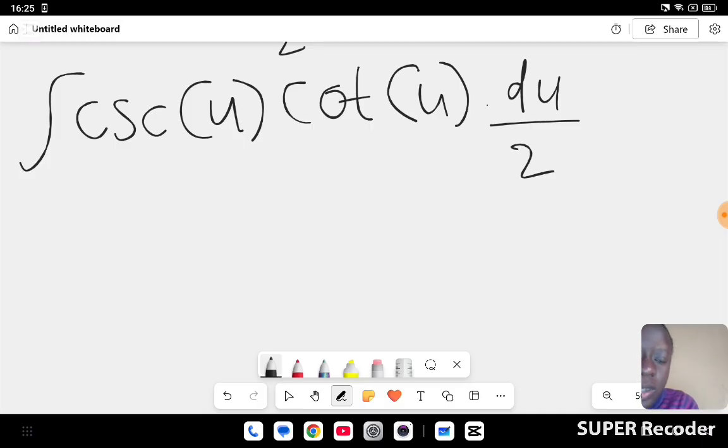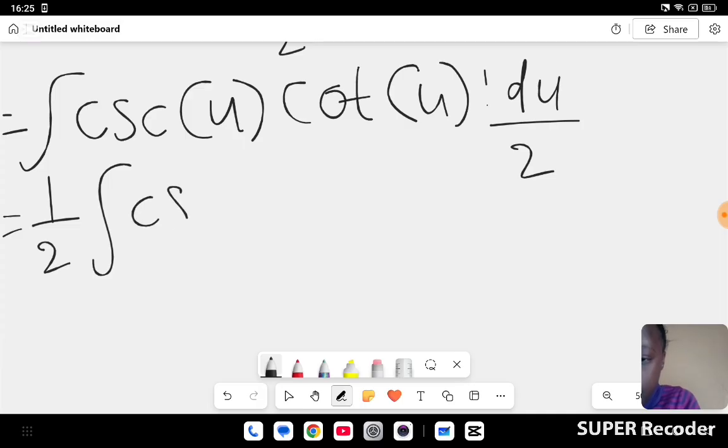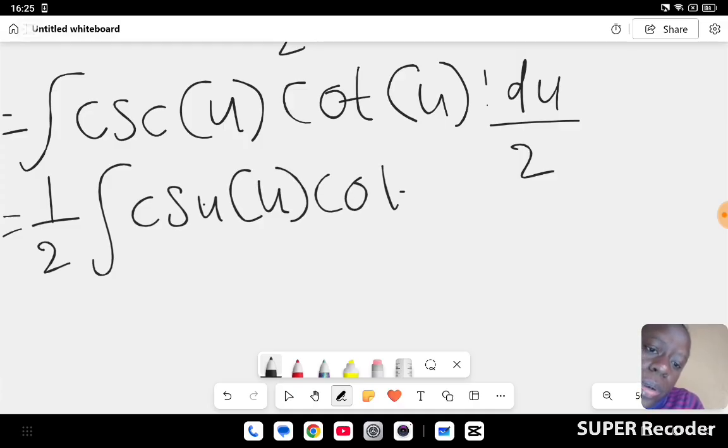So let's take this 1 over 2 to be here, 1 over 2 into the integration of cosec u cot u du.